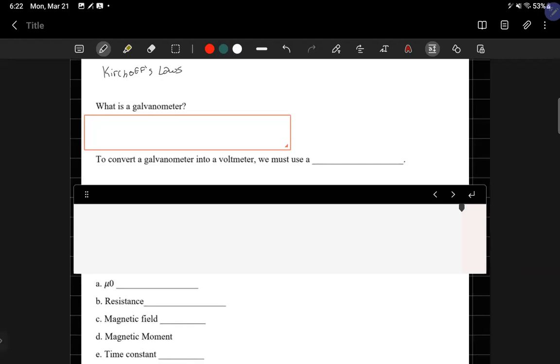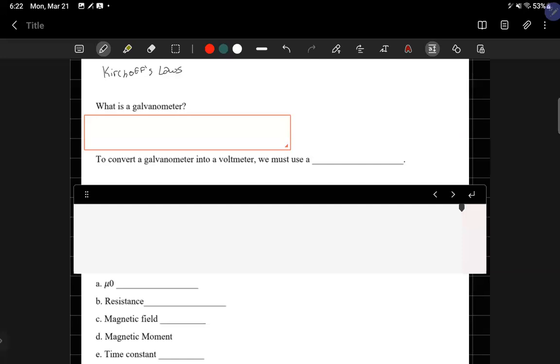This one, admittedly, I don't know off the top of my head, so let me speed a little bit. But does anybody else know? Is it a voltage with a resistor? I think that's what he said in class.